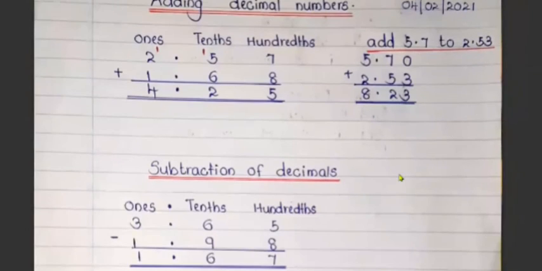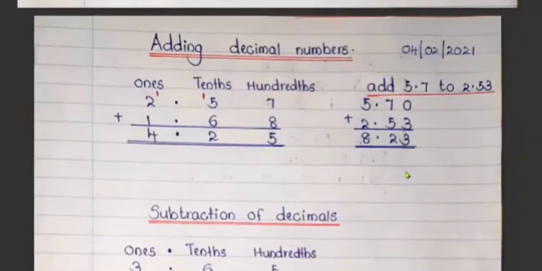Adding decimal numbers. Ones, tens, hundreds. 2.57 plus 1.68. Hundredths column, tenths column, here ones column.